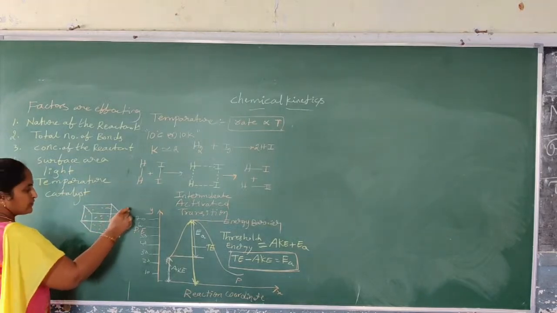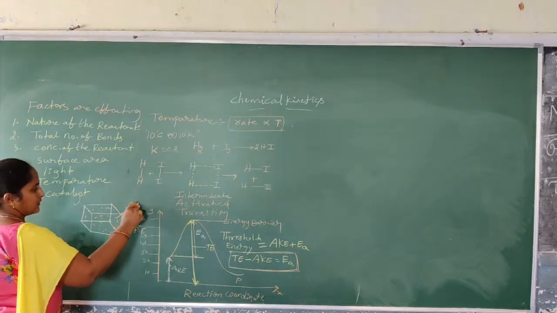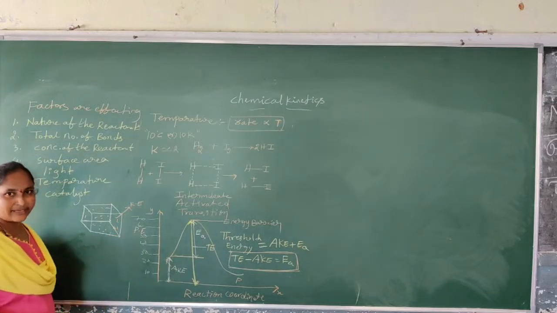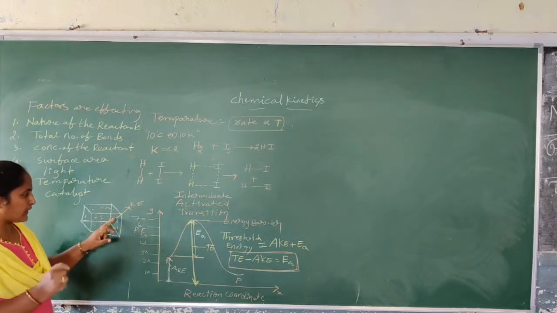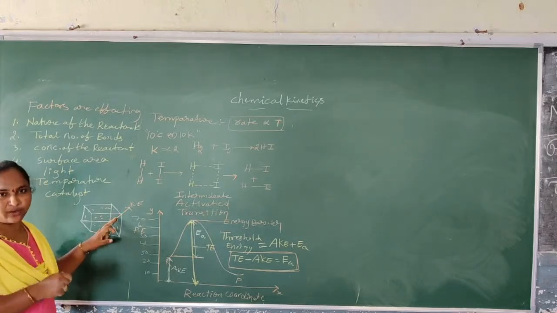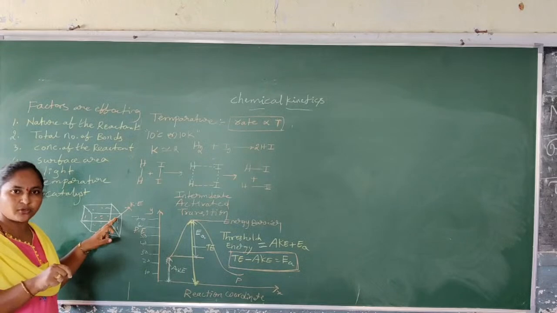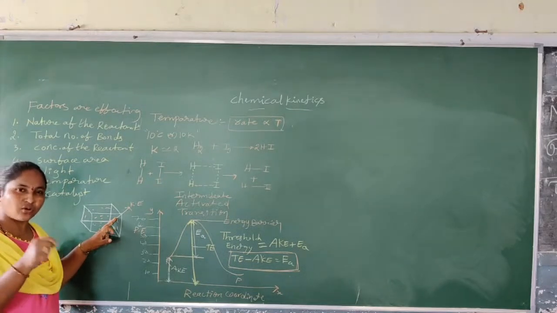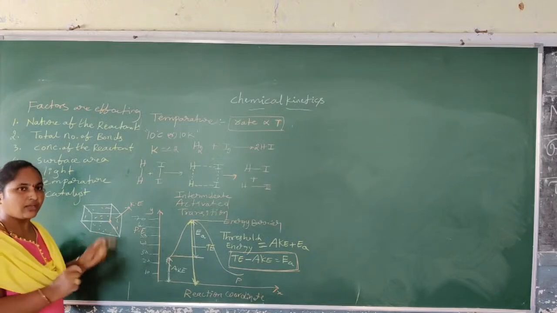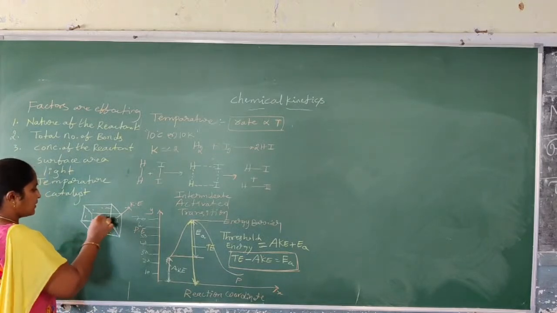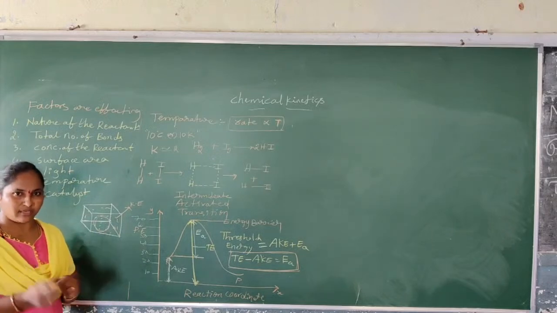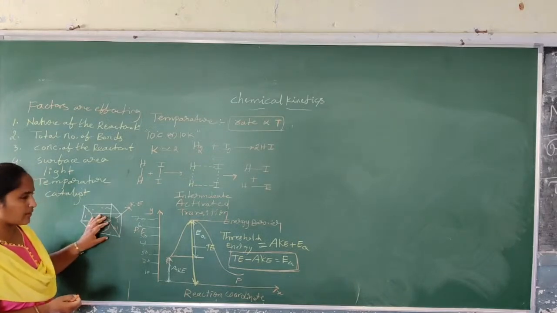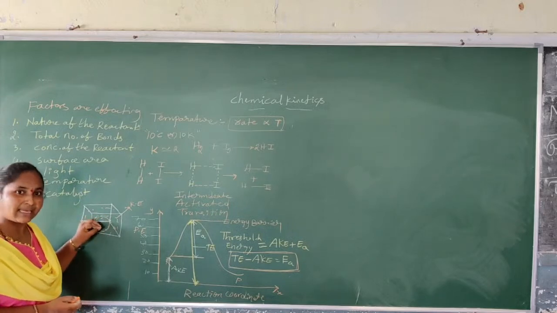For individual molecules, kinetic energy cannot be calculated accurately. So that's why we have to take a group of molecules, a large number of molecules, whose kinetic energy can be calculated.